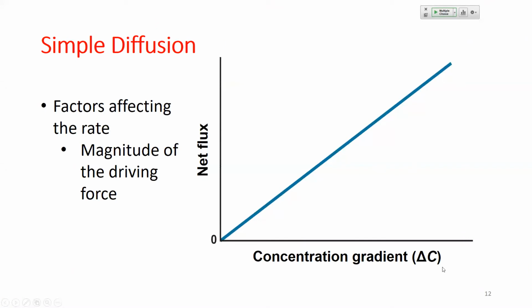And so if we plotted these two things on a graph, the concentration gradient versus the net flux, and flux just means the movement of those particles, okay, the net movement. We would see that as the concentration gradient increased, the net movement, the rate of movement across that membrane would also increase, okay?